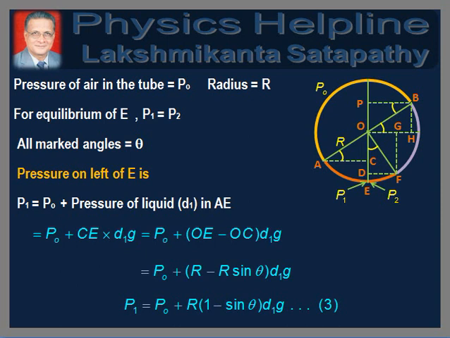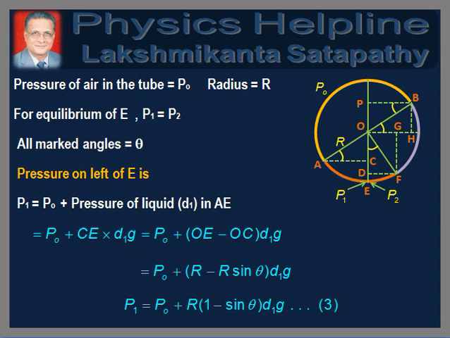Therefore, we have angle AOF equal to angle BOF equal to 90 degrees. Now, OF is the radius joining the interface of the two liquids. It is given in the question that it makes angle theta equal to 15 degrees with vertical. Therefore, we have angle EOF equal to theta, which is equal to 15 degrees. From geometry, it follows that all the marked angles are each equal to theta equal to 15 degrees.